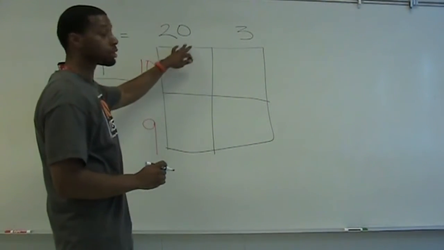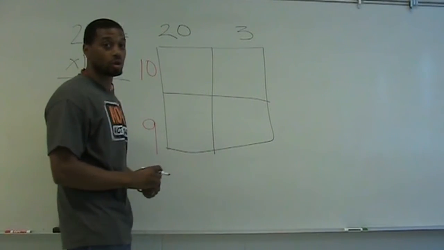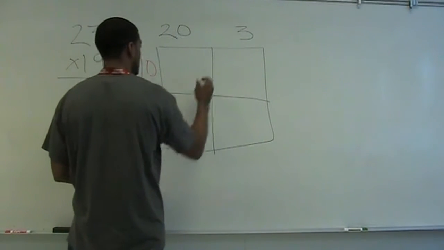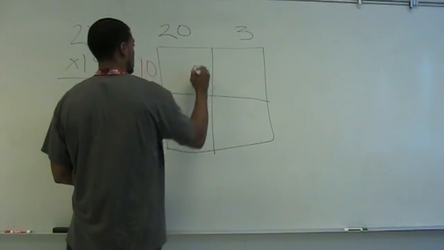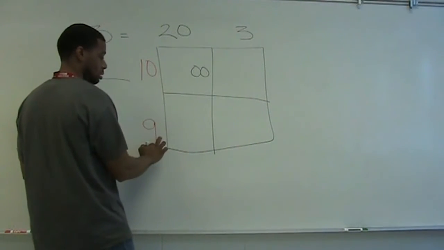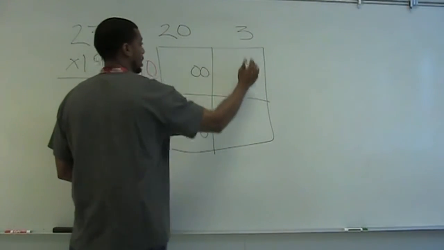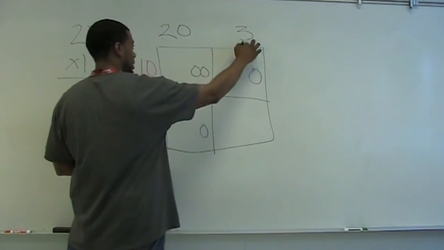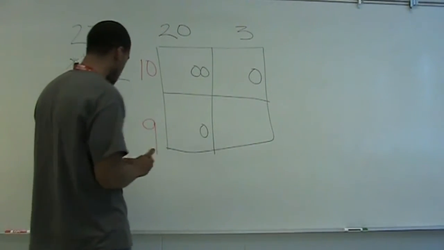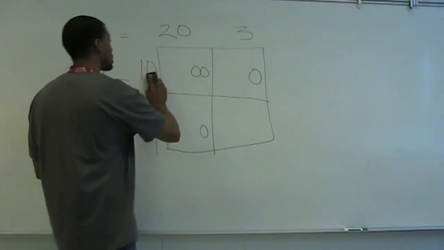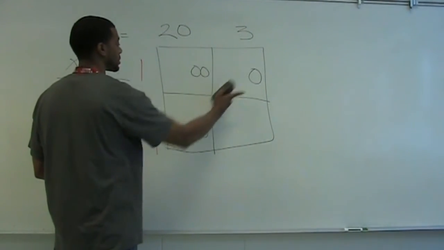The first thing that we're going to do is get rid of all of our zeros. So we have 2 zeros here, 1 zero, no zeros there, so we have 1 zero here, and we have 1 zero here, and then this is simply 3 times 9. So now we can erase our zeros because we've already placed them inside of our boxes.